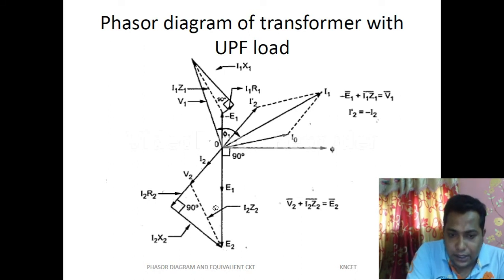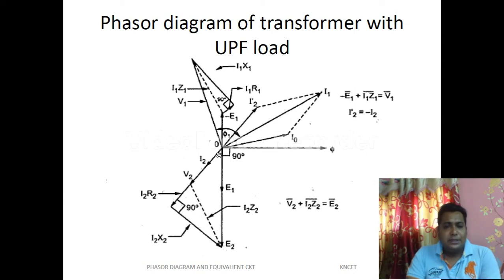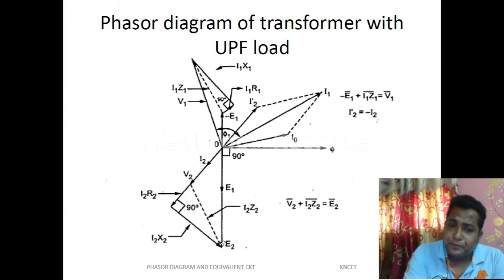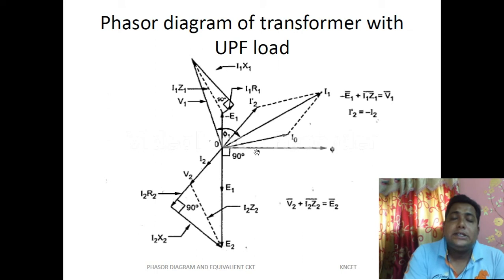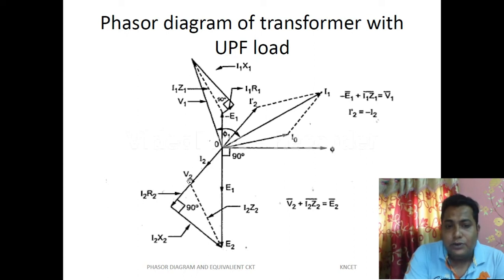Next, E1 and E2. As it is a step-up transformer, as in the diagram we have seen, the length of E1 is this one and the length of E2 is this one. Now the secondary side is connected with the load, so some current will flow. This current we have drawn over here, and on the axis of this I2 we have drawn V2.